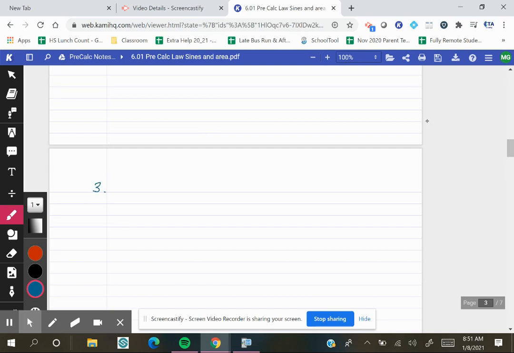So for number 3, we're given triangle ABC. Side A is 12, side B is 31, and angle A is 20.5 degrees. Determine how many possible triangles there are.